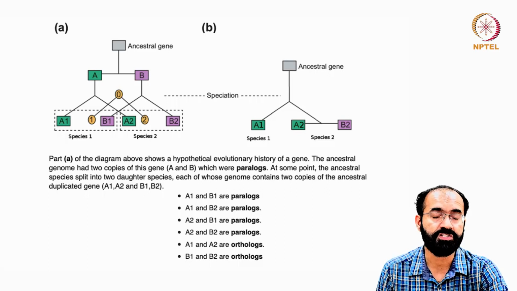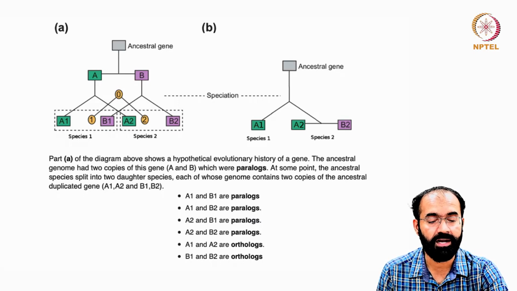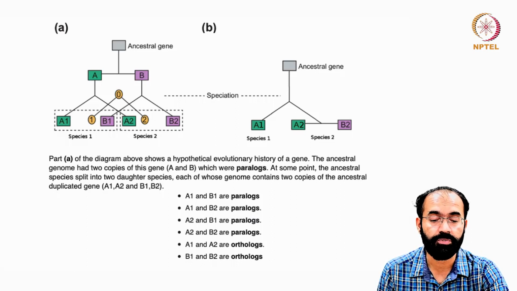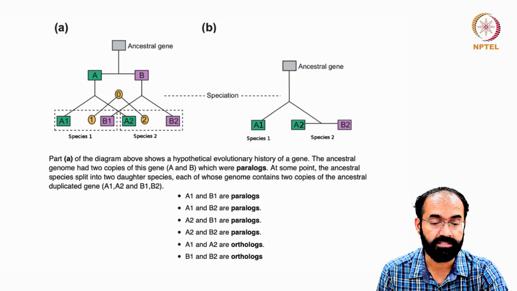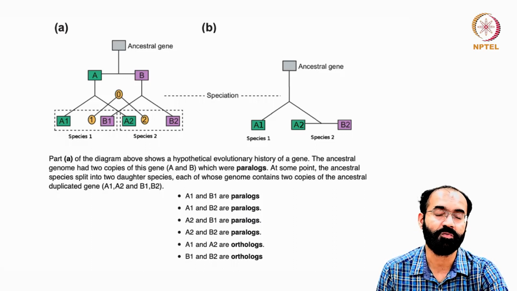They did not originate from one gene, but from one great grandfather, not from the grandfather. And A1 and B2 also can be called paralogs. So A1 and B1 are paralogs, A1 and B2 are paralogs, A2 and B1 also paralogs, and A2 and B2 are also paralogs, whereas A1 and A2 are orthologs and B1 and B2 are orthologs. The reason being, they will be doing the same function.